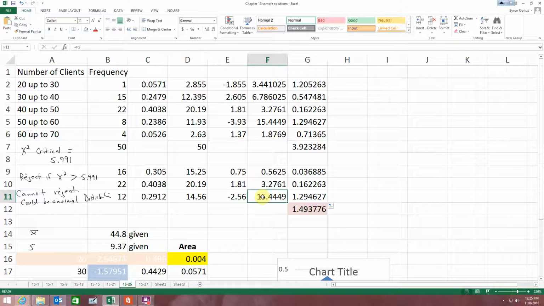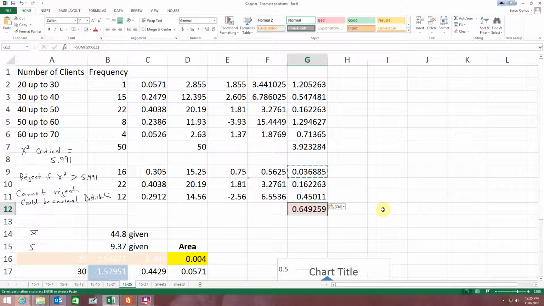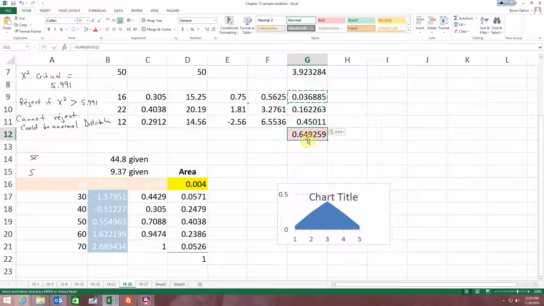Nope, because I got to square this. So this is equal to this squared, sorry. And then I can take and drag this down here, I think. Yeah, no, I can't. So this is equal to, I got to copy this one. Gosh, sorry. There we go.